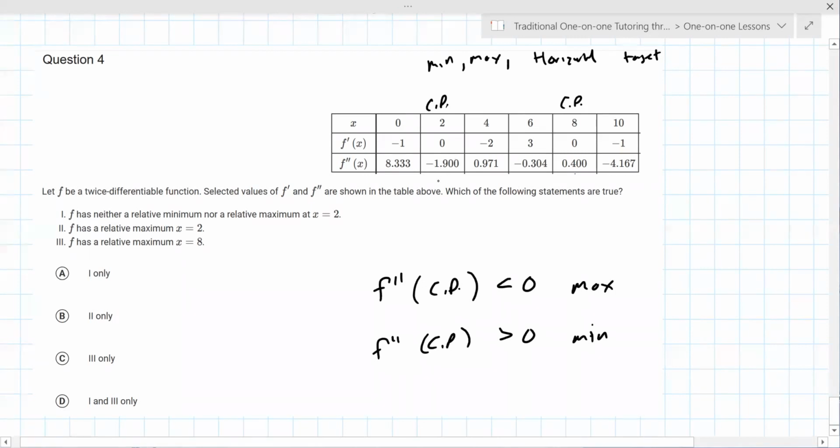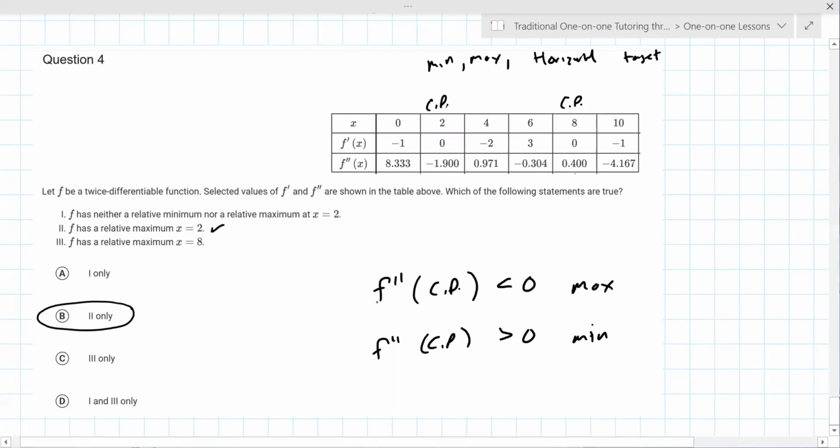That means there's a max at 2. So that's true. And then at 8, it's actually a min. The point is you've got to know that rule.